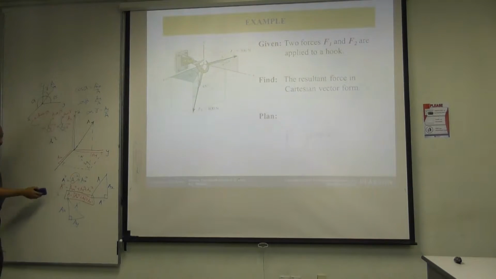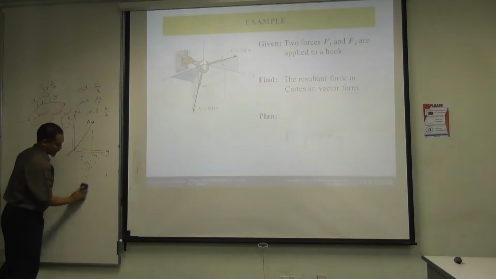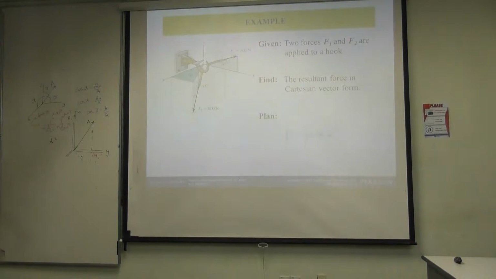There is a resultant force in Cartesian vector format, right? So in the end you get, for example, FR in vector format, IJK. That's the final answer.